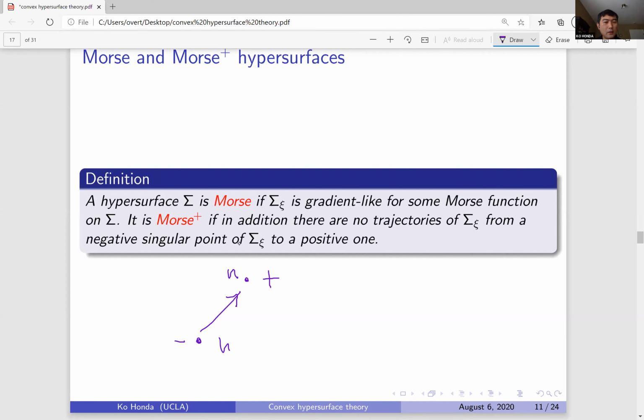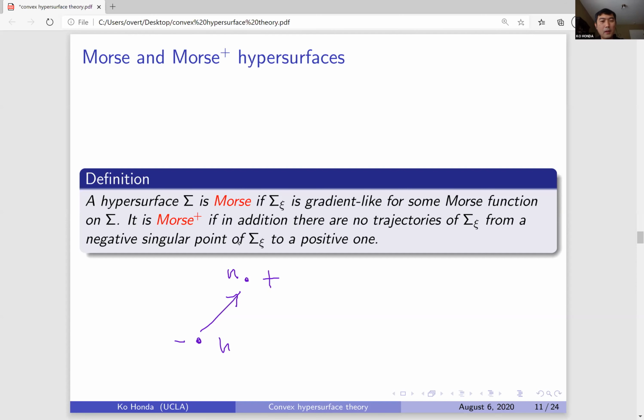Okay. And right, remember the positive critical points can be made to have indices 0 through n, and the negative ones are n and higher. And one of the weird things that could happen is that you can have an index n negative critical point to an index n positive critical point. Okay. And this doesn't happen for a generic Morse function, but it could happen for a one-parameter family.